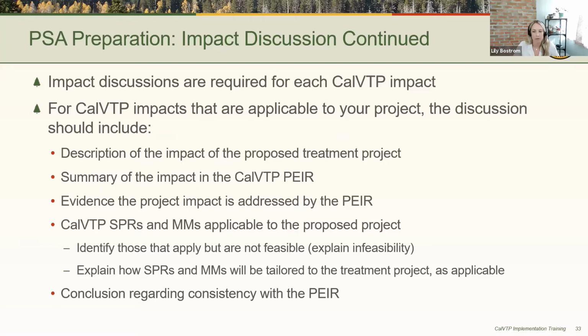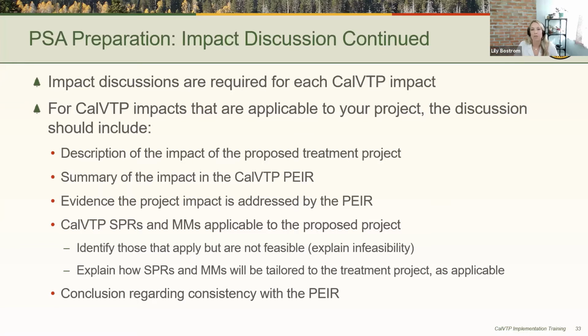You then want to summarize the impact in the CalVTP program EIR, identifying the section of the program EIR where it is addressed. You then want to provide the evidence that your project impact is indeed covered by the program EIR. You want to include any of the CalVTP standard project requirements or mitigation measures that are applicable to your project. And if you find that any mitigation measures are applicable but may be infeasible to implement, then you just want to describe the reasons why that particular measure is infeasible.